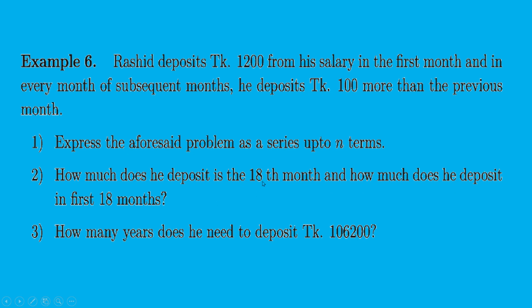That means here we only have to find the deposit in the 18th month, but the sum for the first 18 months, from the first month to the 18th month, we have to find the sum, but here we will only find the 18th term. How many years does he need to deposit taka this?